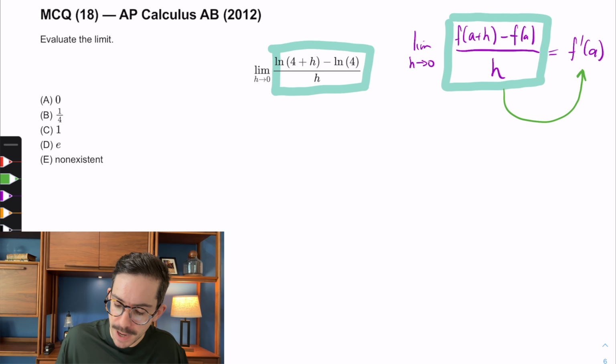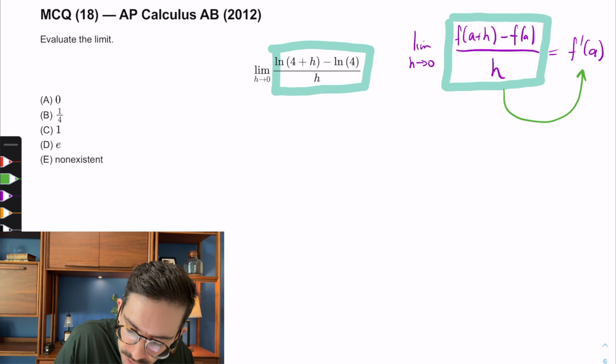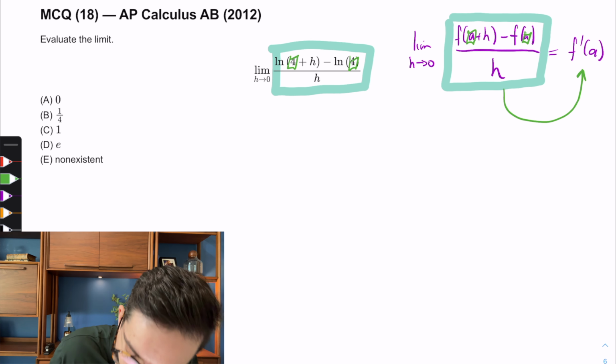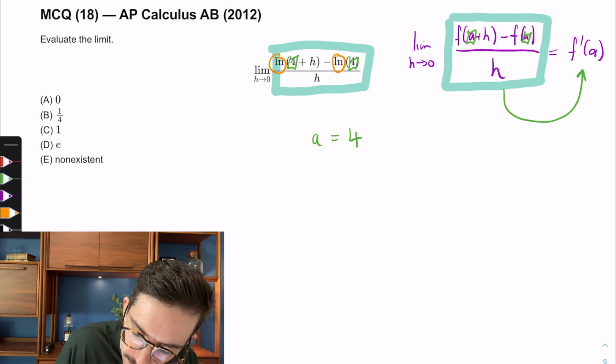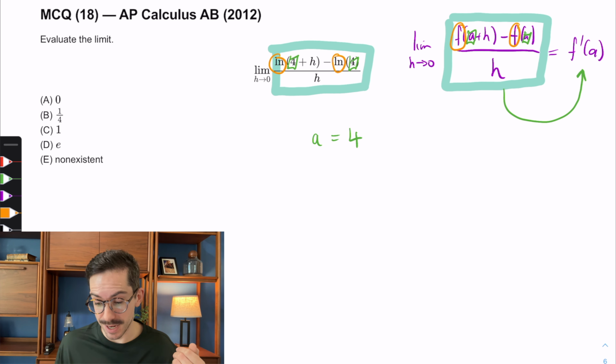So looking at the comparison, it looks like a is 4, right? Wherever I see a 4, that's where I see an a in my difference quotient definition. What function am I looking at? Well, the only place I see a function here is ln. The only place I see a function here is f and f.